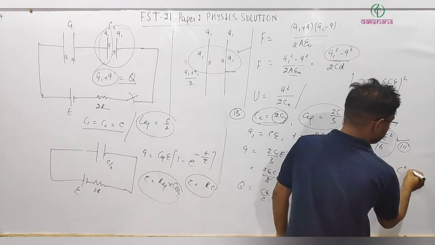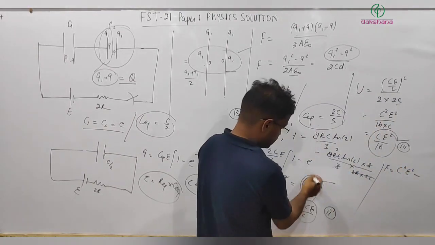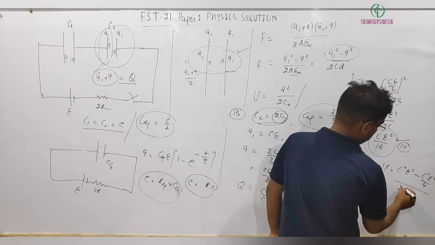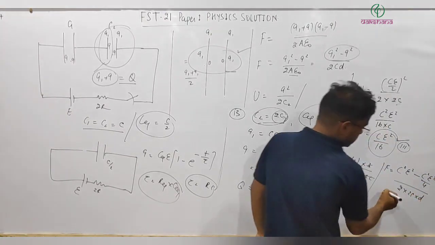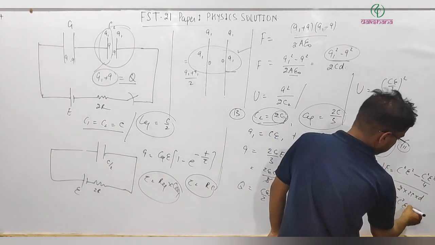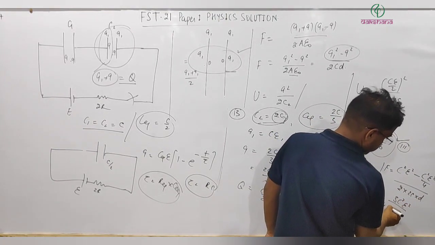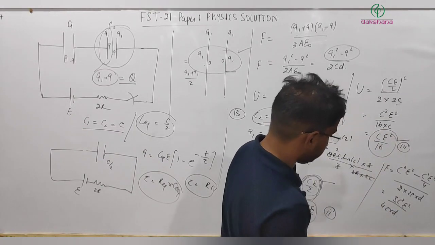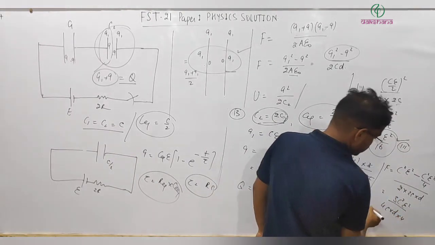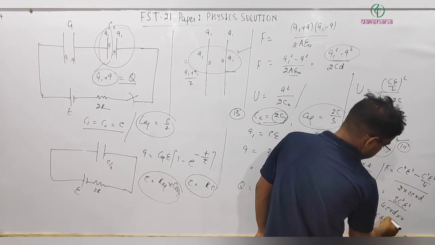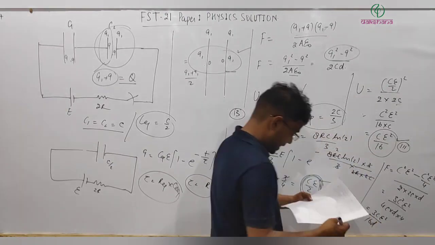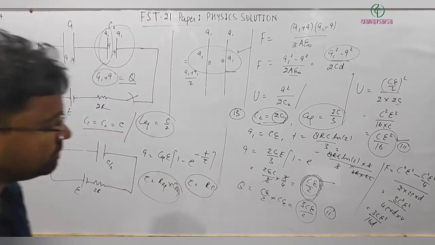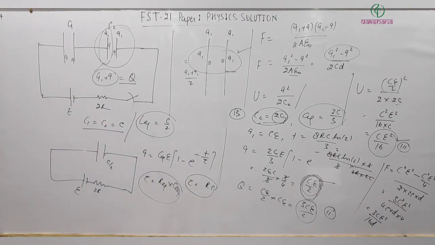So this is C square E square minus C square E square divided by 4, divided by 2C into D. So we are getting 3C square E square divided by 4, and this is C multiplied by D, and multiplied by one more 4, so this is 3CE square divided by 16D, and that should be matching with our option. We are getting one extra.